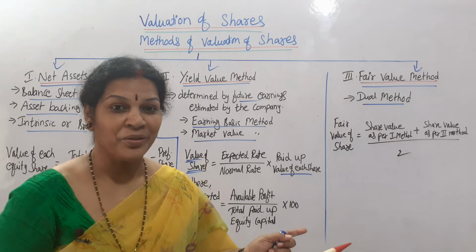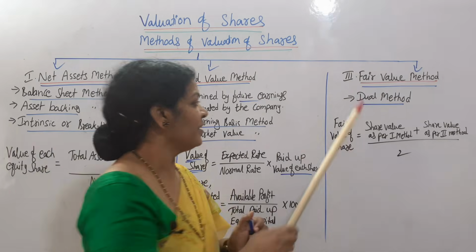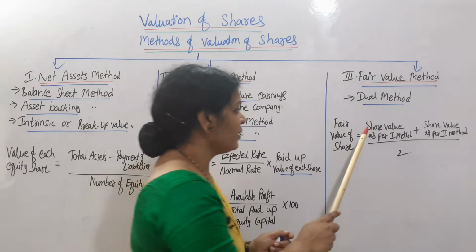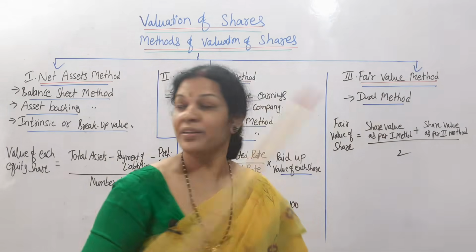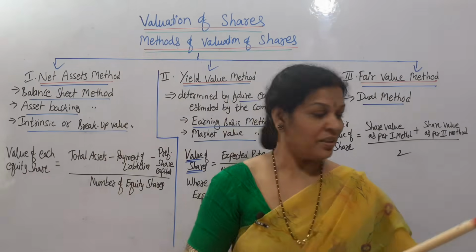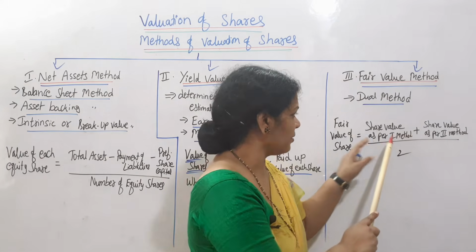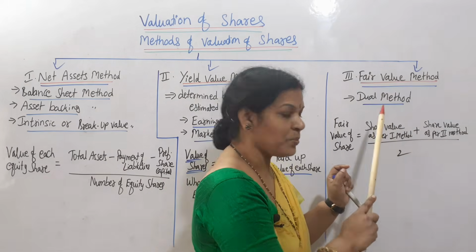Now if you see the formula, you will have more clarity. What is the formula? Fair value of share is equal to share value as per net assets method, which is the first method. There is less space, that is why I have written share value as per first method.